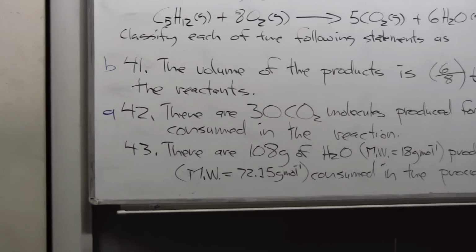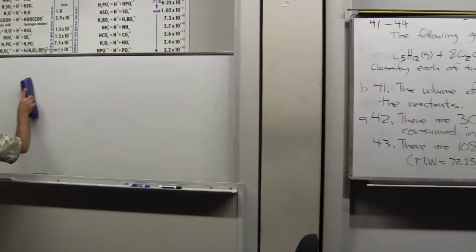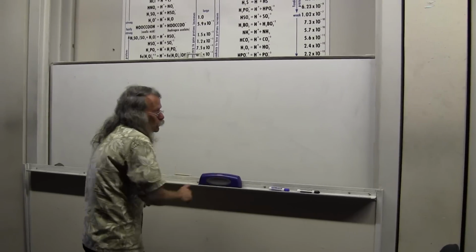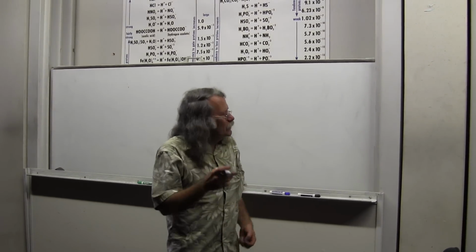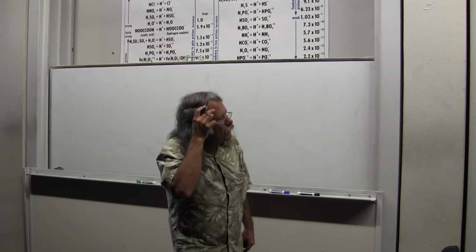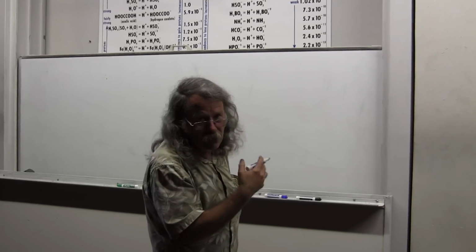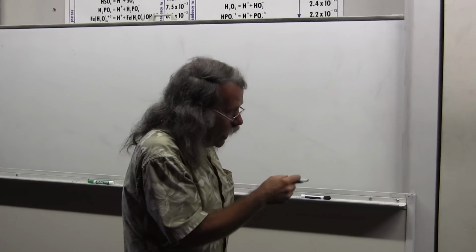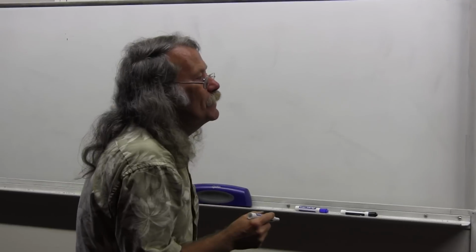And so I'll get my scratch paper out and work it out. Now, I'm asking, there are 108 grams produced for every 72.15 grams consumed. So I'll start on the reaction side. I'm going to have to start with the pentane.